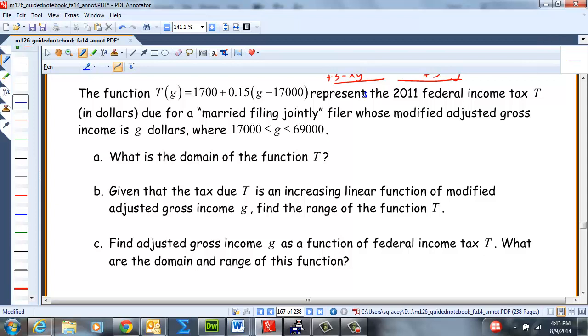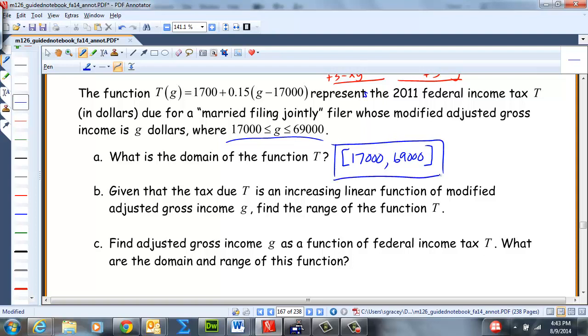So what's the domain of the function T? So easy it's hard, right? They gave it to you right here. So it's 17,000 all the way to 69,000. I'm just putting it in interval notation.